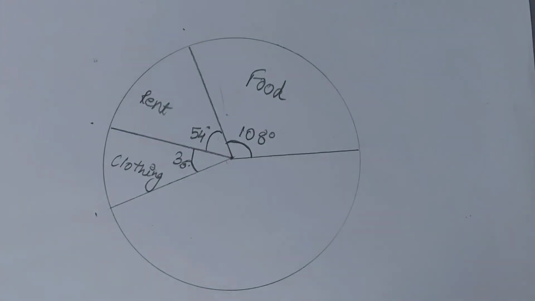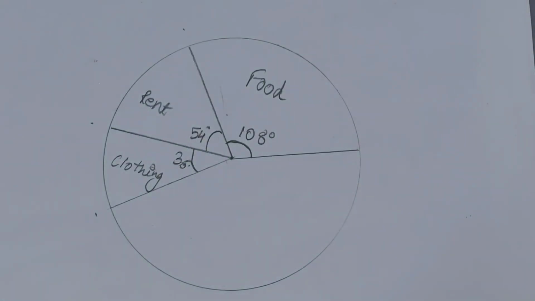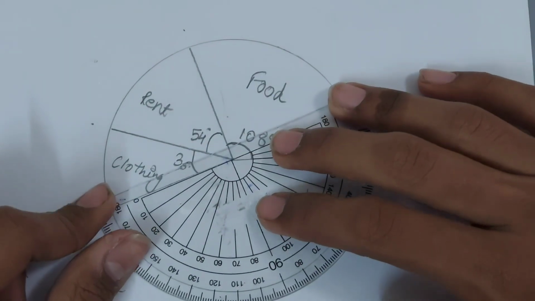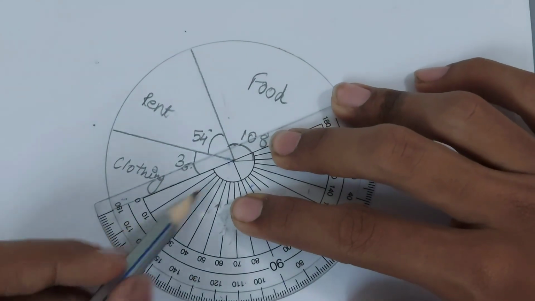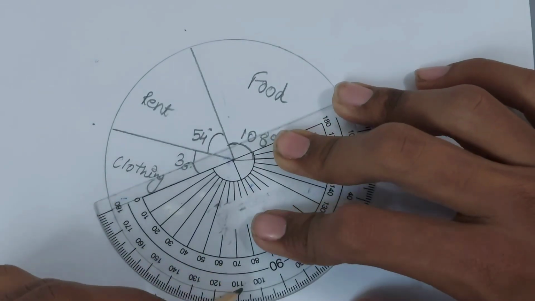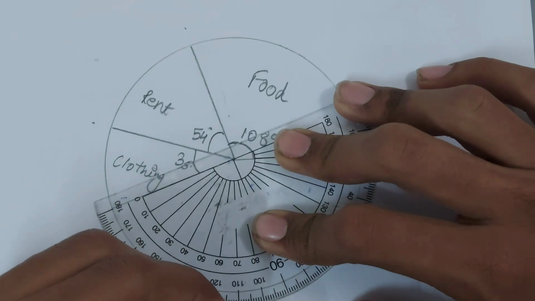Clothing, and then you have got the next one, which is transport, 72 degrees, right? Again, you will take your protractor here and keep it here, and you see the inner scale. Whatever line you have made, you align it with this, and then take 72. 70 here, that means 2 will be coming right after this, right?